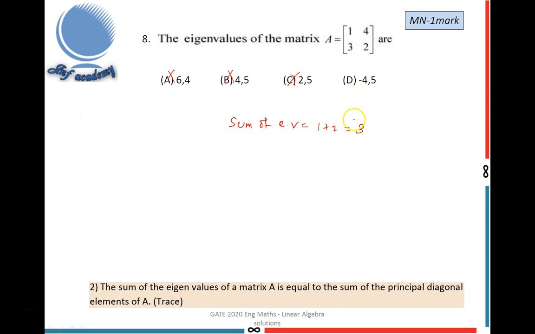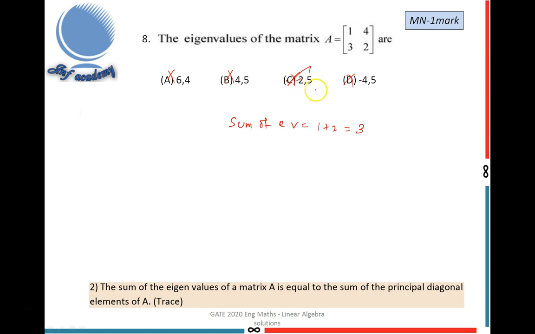Option C satisfies, 2 comma 5. Sorry, this is minus 2. So option D, minus 4 and 5, is wrong. This is minus 2, so this option is correct.